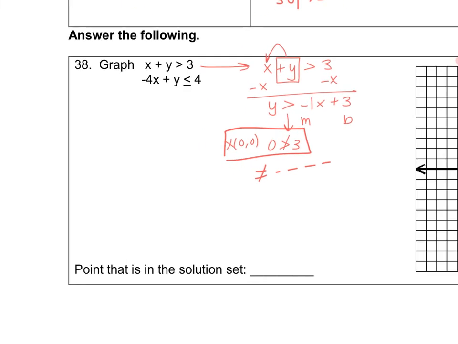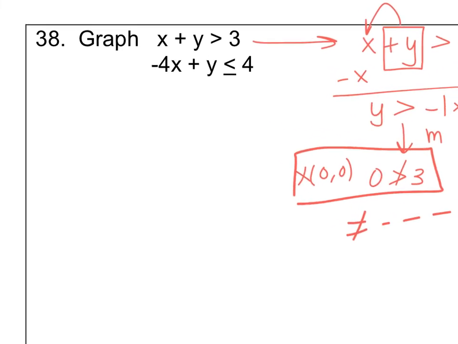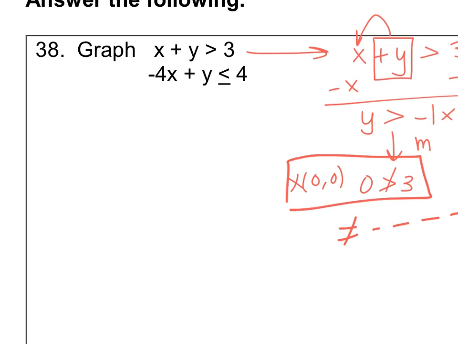The second one we're going to do with intercept method. So intercept method means I'm going to only focus on one variable and zero out the other. So if I'm looking for an x-intercept, I'm not going to pay attention to y, and we're going to zero y out, and I'm only going to focus on the x part of it. So that means I would have the little equation of negative 4x less than or equal to 4.